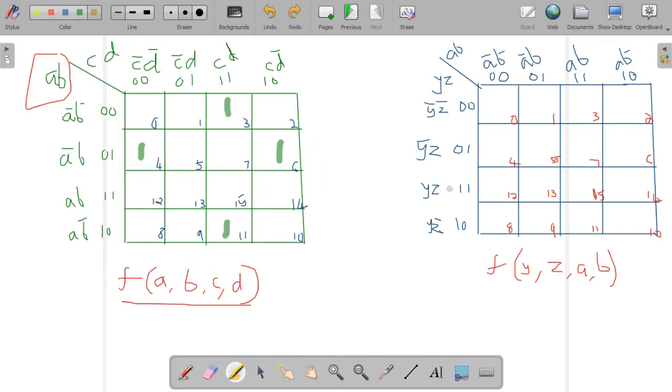So what we have to do is check whether it is on the left edge. Yes, this one is on the right edge, and this one is on the left edge of the K-map. So we can make it a pair.